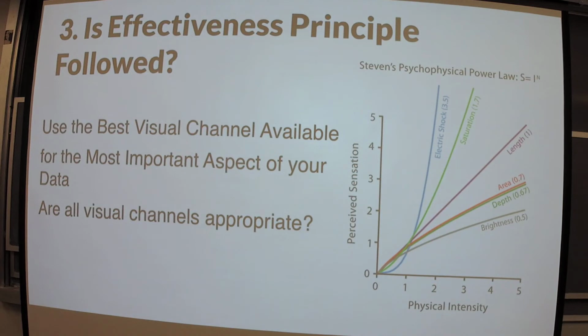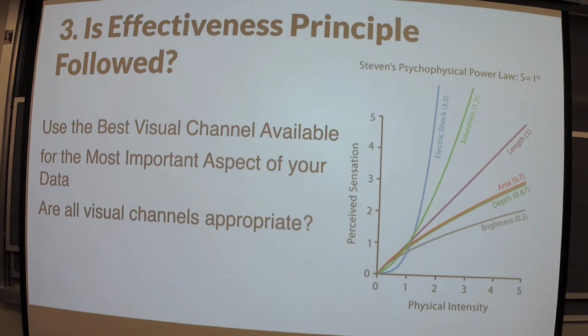The third thing that you should consider is the effectiveness principle followed. Remember, the effectiveness principle is really about using the best visual channel available for the most important aspect of the data. And so that's the question you should ask yourself: is what the visualization shows encoded as efficiently as possible?